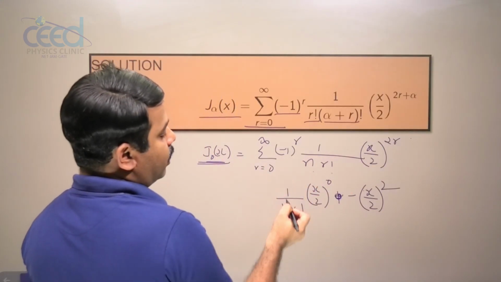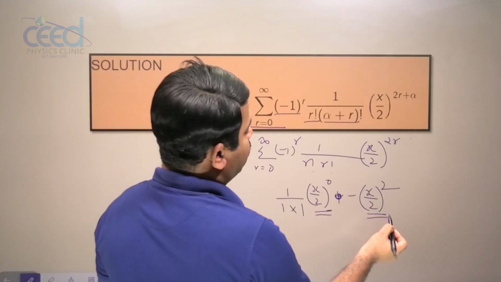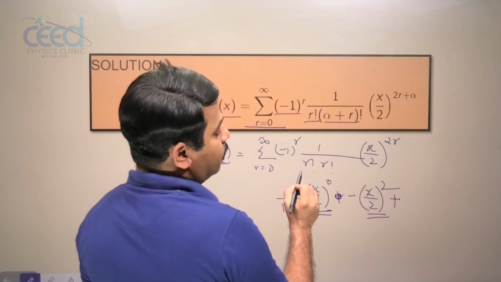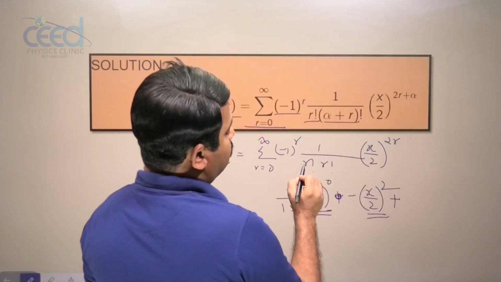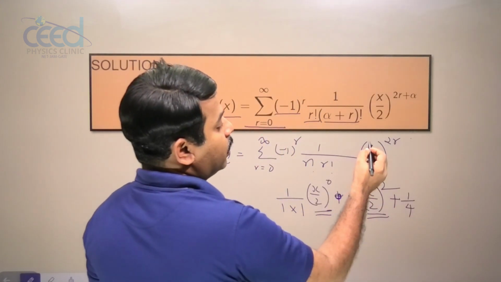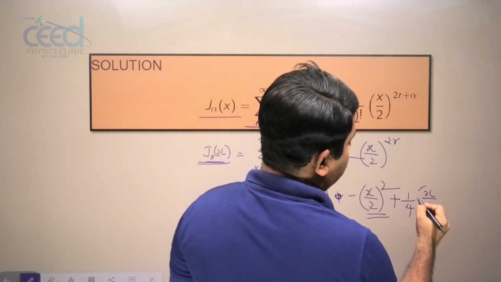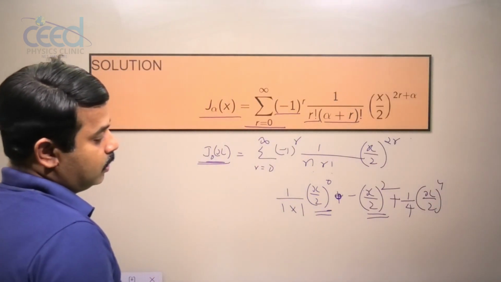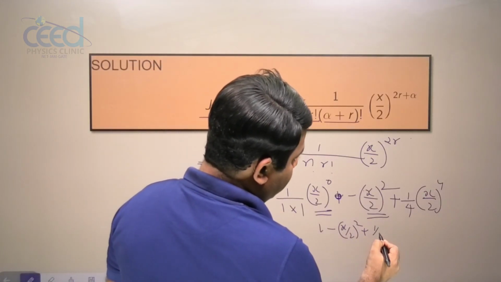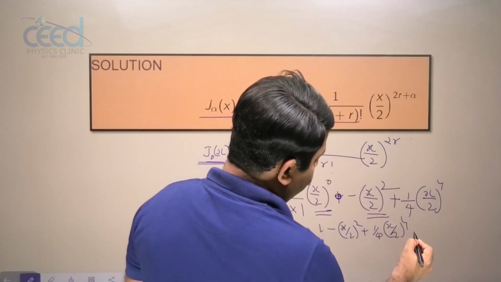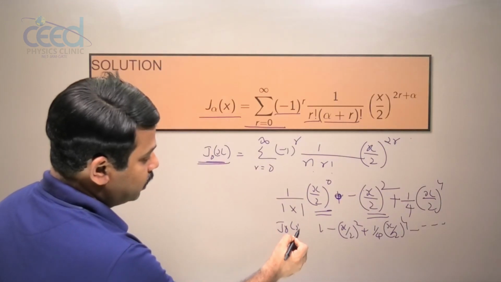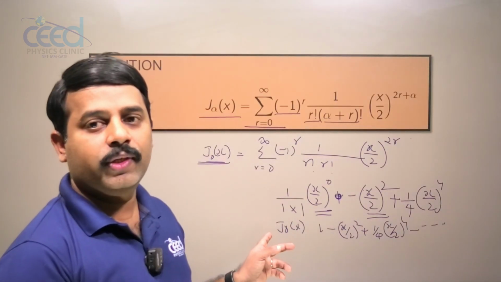Now put r equal to 2. Then this is a plus term, with 2 factorial into 2 factorial, that is 1 by 4, into (x by 2) raised to 4. So it will go like this. So what is J0 of x? 1 minus (x by 2) the whole square plus 1 by 4 (x by 2) raised to 4 minus etc. This is J0 of x.